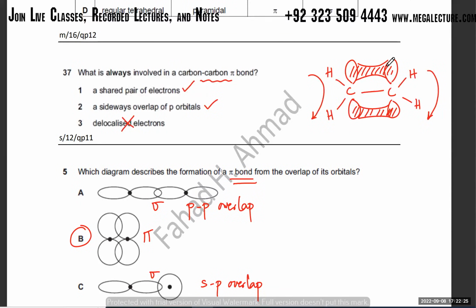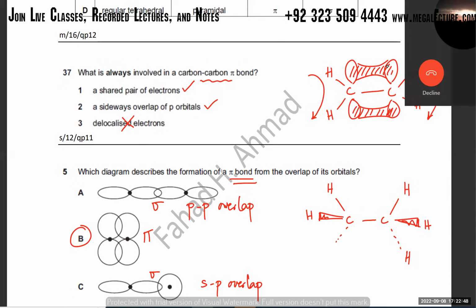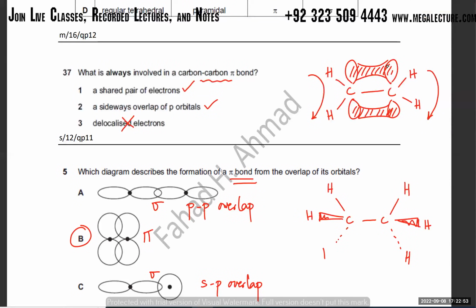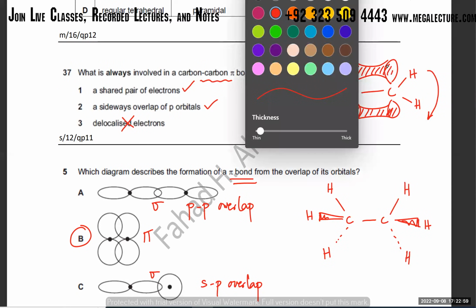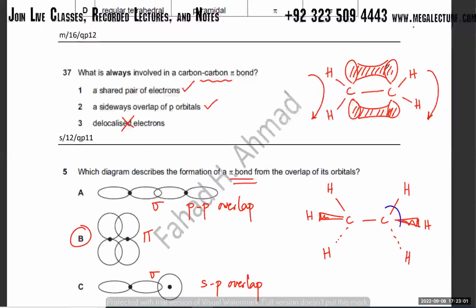If there had been no pi bond, some molecules होते हैं, they don't have pi bonds like ethane, right? So उसके अंदर carbon is tetrahedral. So if you look at ethane, so in ethane the rotation is not restricted, meaning कि what that means is okay, if I were to rotate this side, I mean, the other side will not rotate along with it.